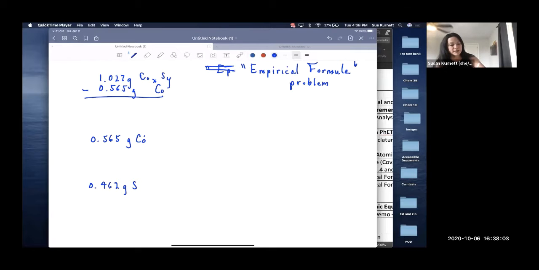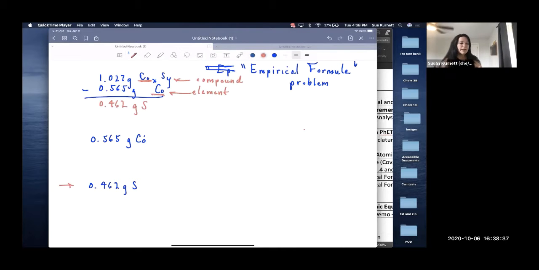And so we started with some grams of an element, and then we ended up through experimentation, which we can't do, but Rhiannon will do a video and show you how she did this, some grams of a compound. And if we subtract the cobalt out of the cobalt sulfide, we end up with just grams of sulfur. And that's what we have here.